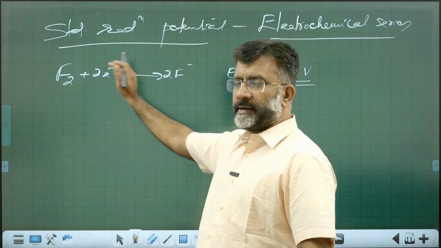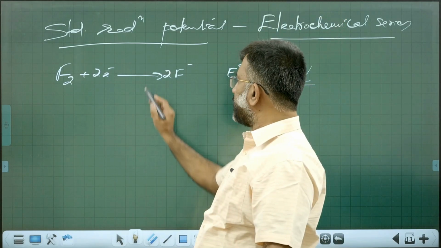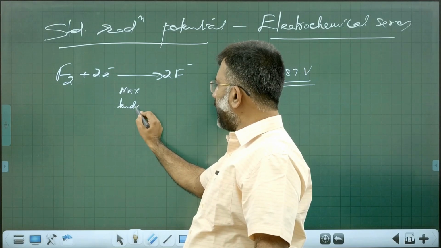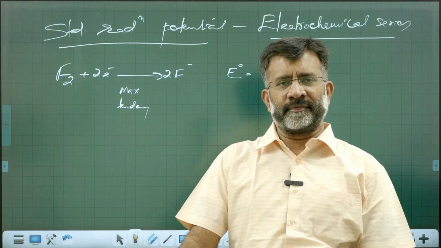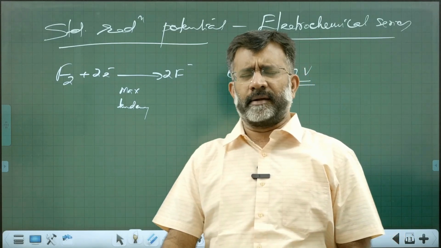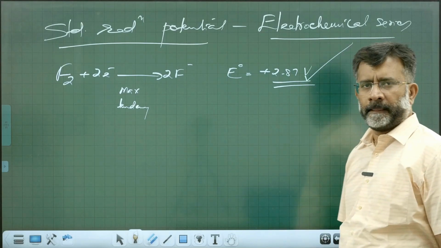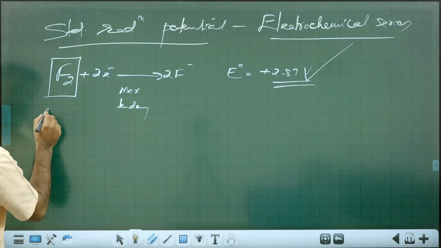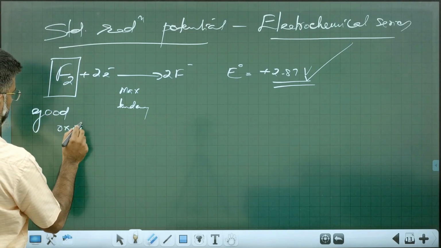F2 has the maximum tendency to undergo reduction, a great tendency, as is evident from this data. Therefore, this is a powerful oxidizing agent.